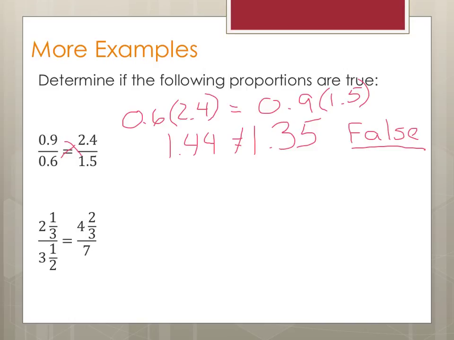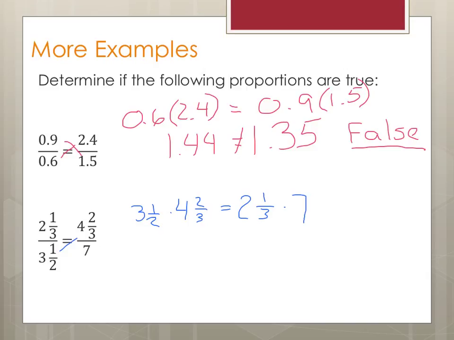In our second example, we have mixed numbers. Alright, so the first cross product will have 3.5 times 4 2/3. And that's going to equal the second cross product, 2 1/3 times 7. Alright, since we're multiplying fractions, or mixed numbers, we need to change these into improper fractions first.